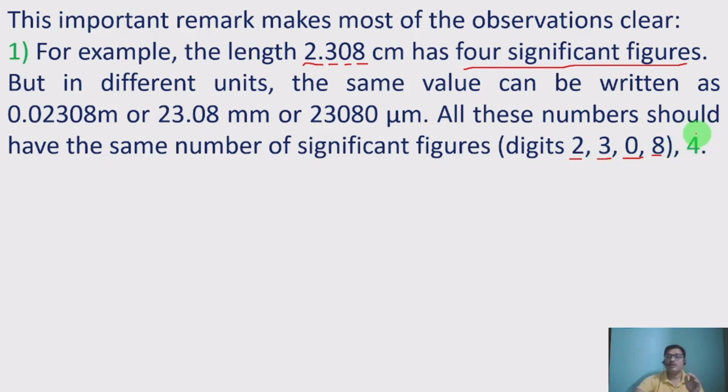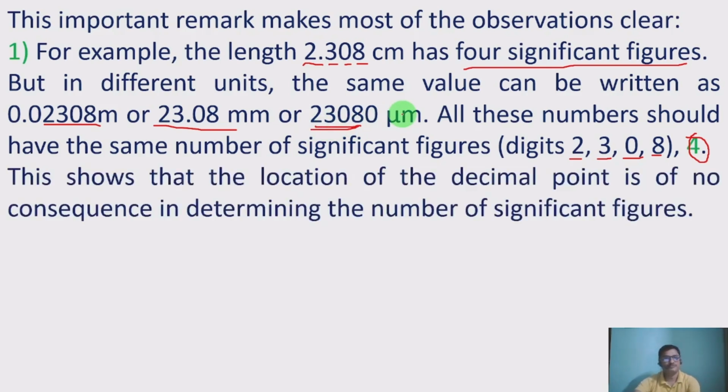All these have four significant figures. The leading zero is not counted, and for that there are rules that we are going to take further.